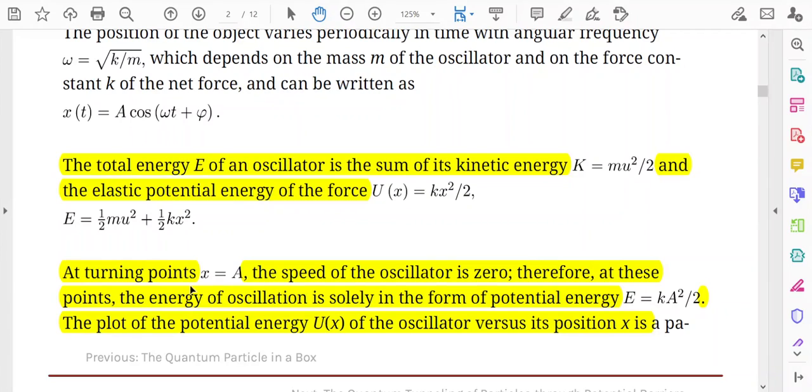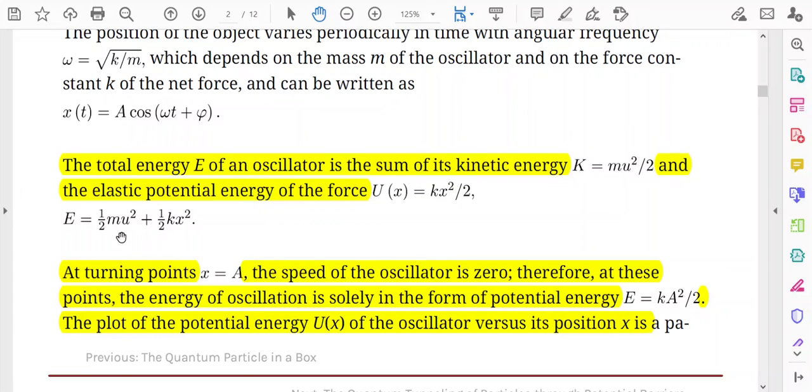At the turning points x equal to a, the speed of the oscillator is 0. We know about this from the expression of the velocity, and I think we have all read about these facts in your higher secondary classes. Therefore, at these points the energy of oscillation is solely in the form of potential energy, E equal to half k a square.